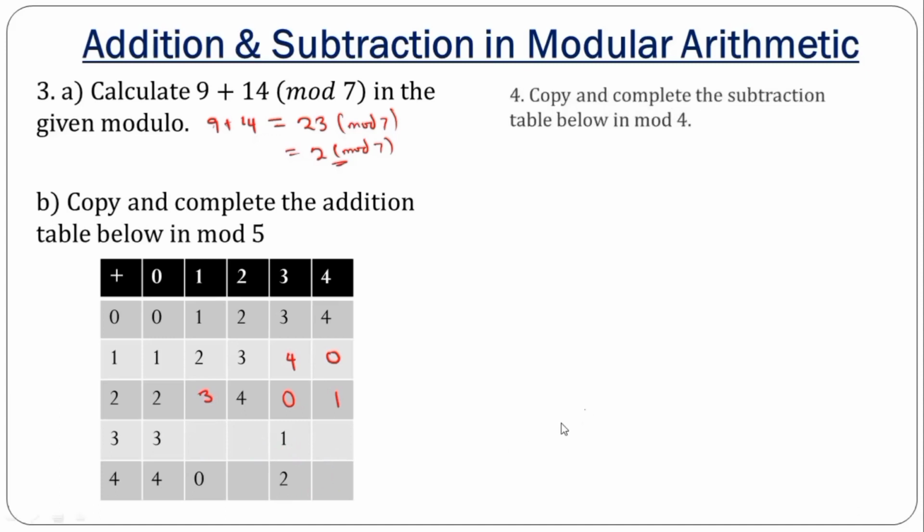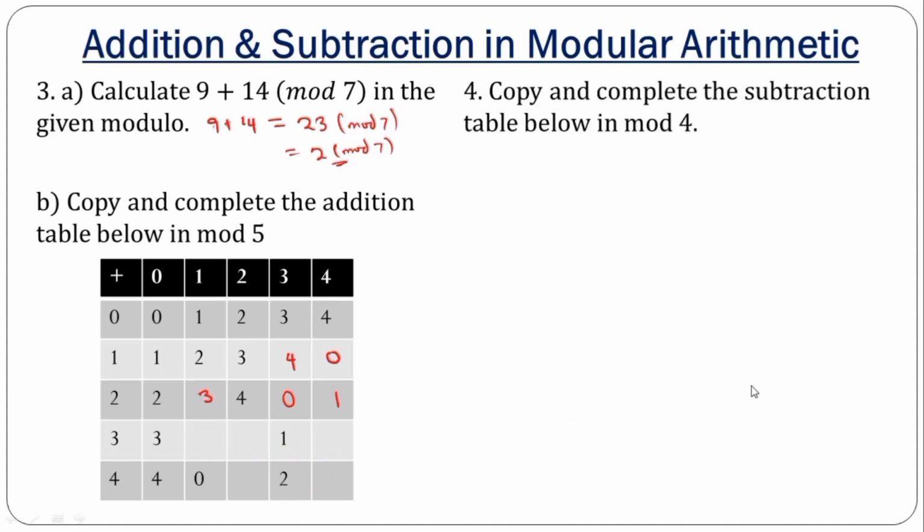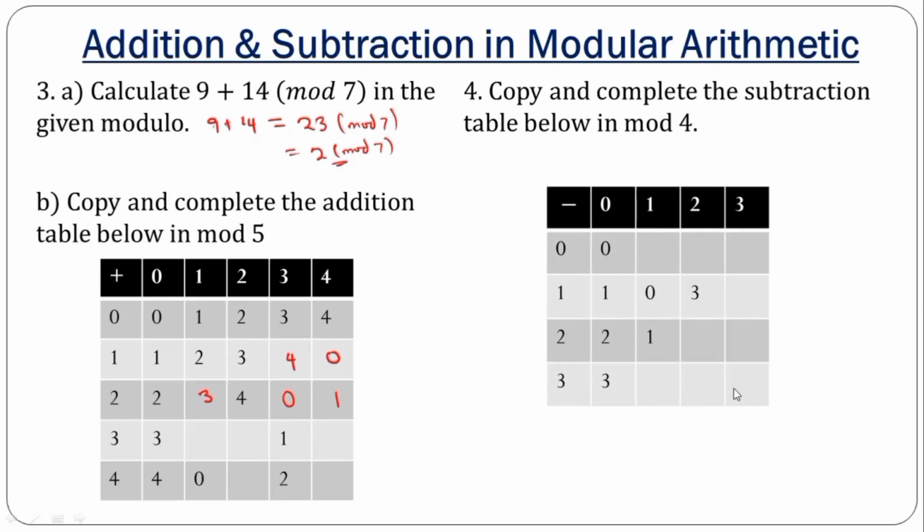Now, the next one here is subtraction. It says we should copy and complete the table in mod 5. So the subtraction is done in mod 5. Please take note. 0 minus 0 is 0. Of course, 0 minus 1 is going to give us minus 1. So can we now write minus 1 in mod 5?